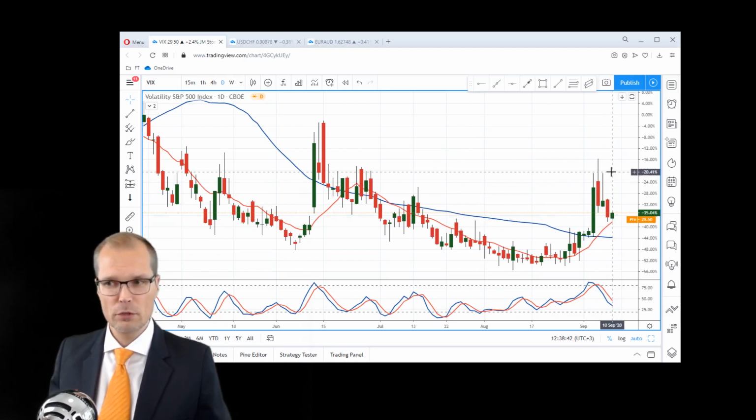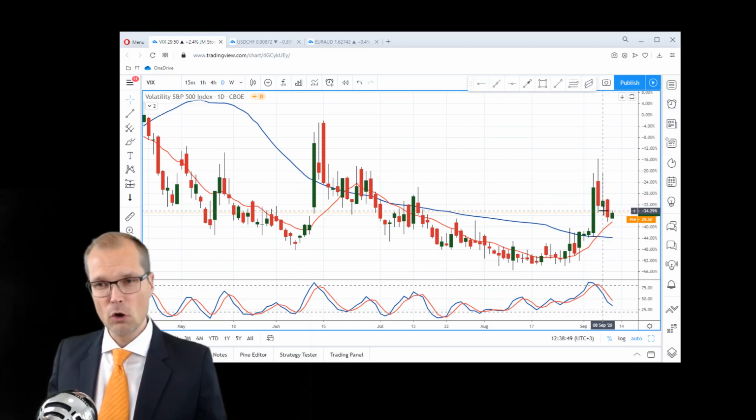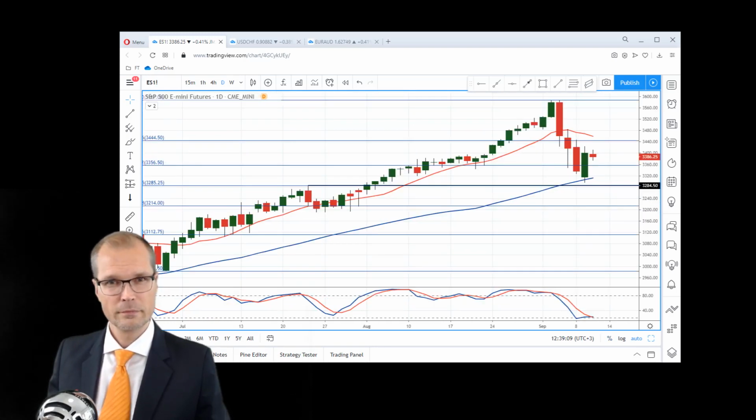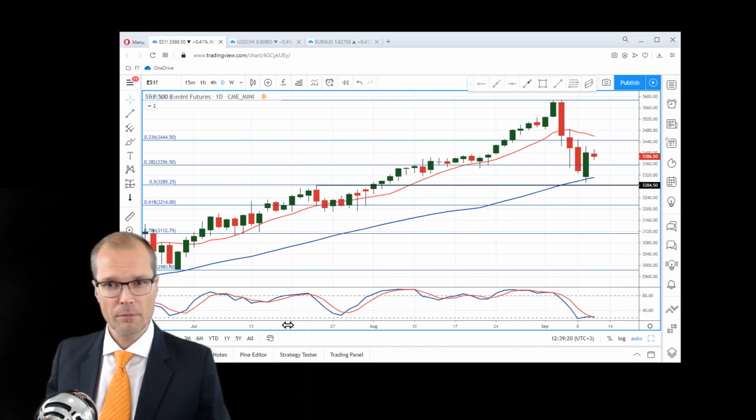I was pointing to this lower high yesterday, suggesting an indication that the correction might now be over. If we go to S&P 500, here you can see that we had an up day yesterday. In yesterday's analysis I was pointing to this 50% retracement level that coincided with a historical support level here, and the 50-day moving average.